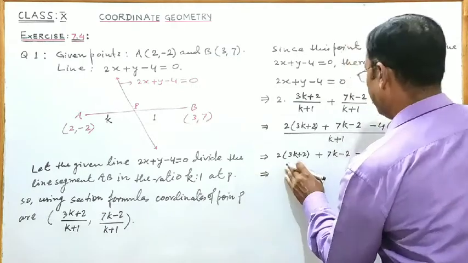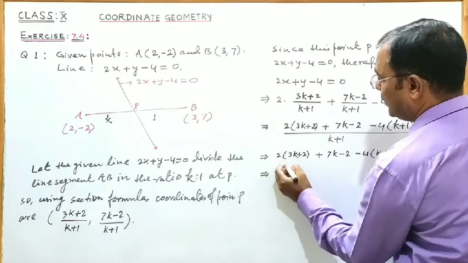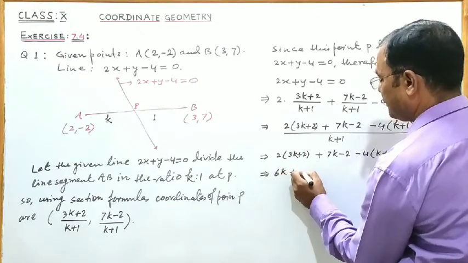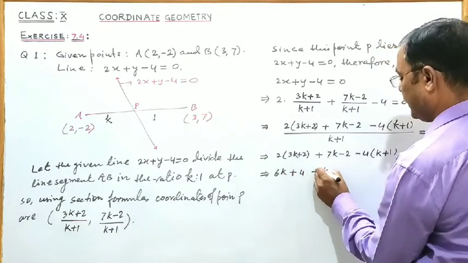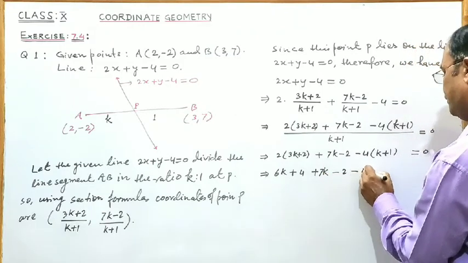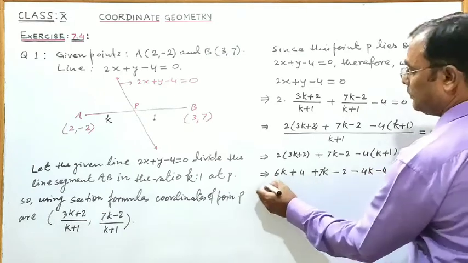And on simplifying this left hand side, we get 2 into 3k, 6k plus 4 plus 7k minus 2 minus 4k minus 4 is equal to 0.